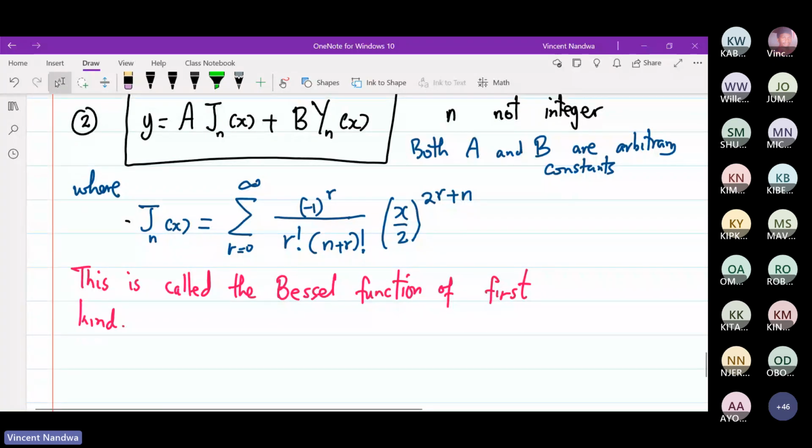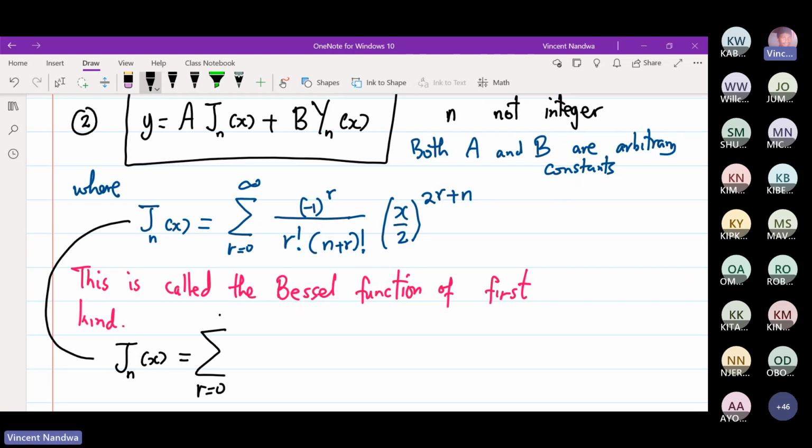So the same thing can be written as Jn is the summation over r from 0 to infinity of (-1)^r over r factorial times gamma of n plus r plus 1, times (x over 2) to the power r plus n.